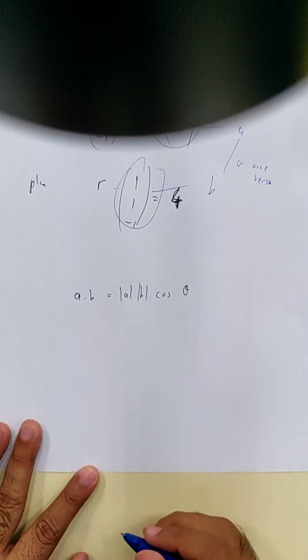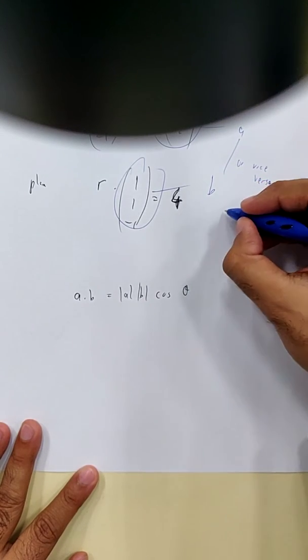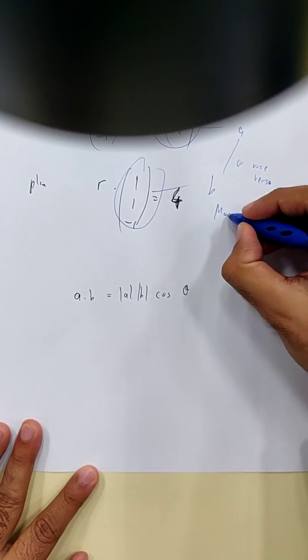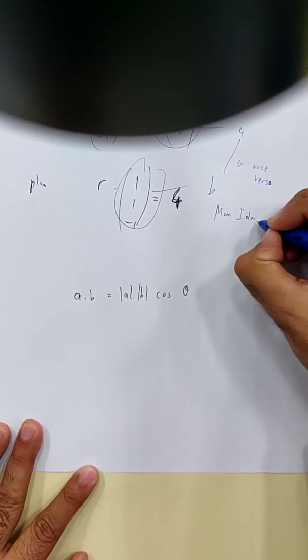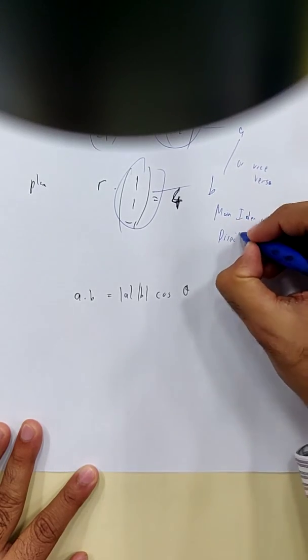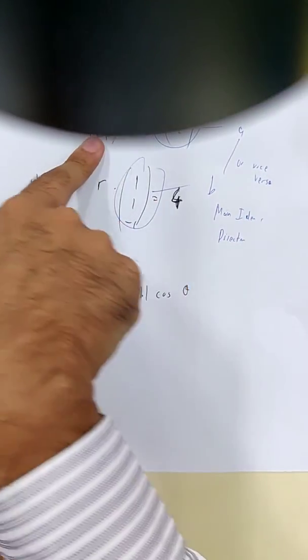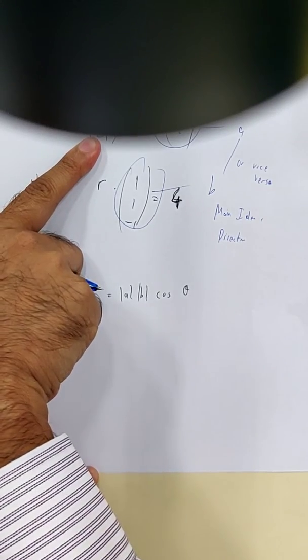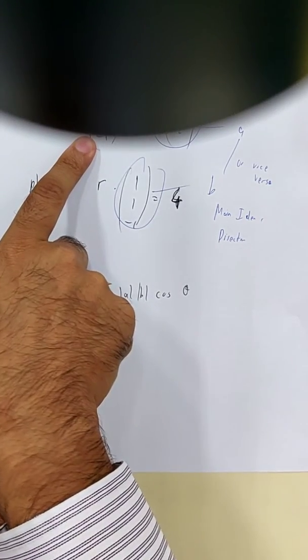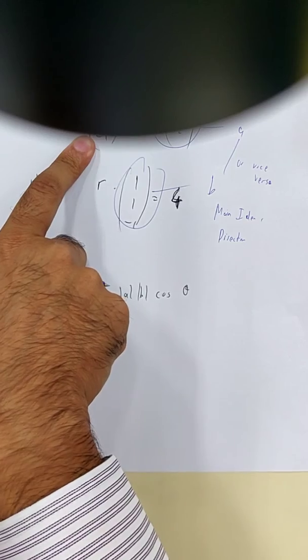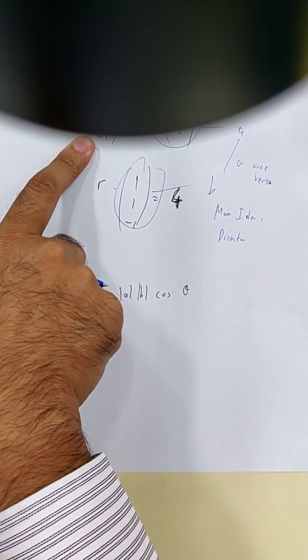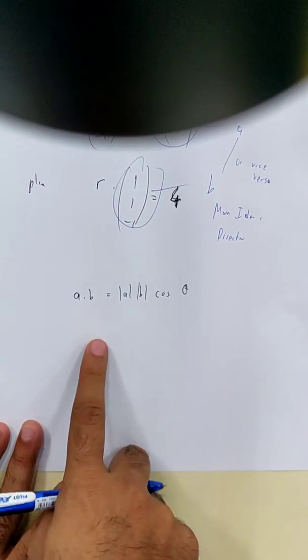The main idea is you need to take the direction. Can I take B and (2, 3, -1)? I cannot. Why can I not take this? This is a point. You need direction. Then only this formula works.